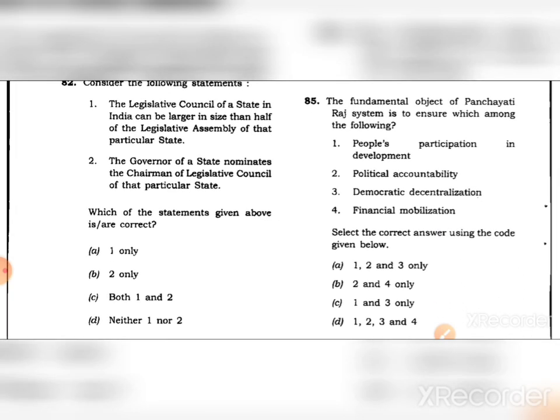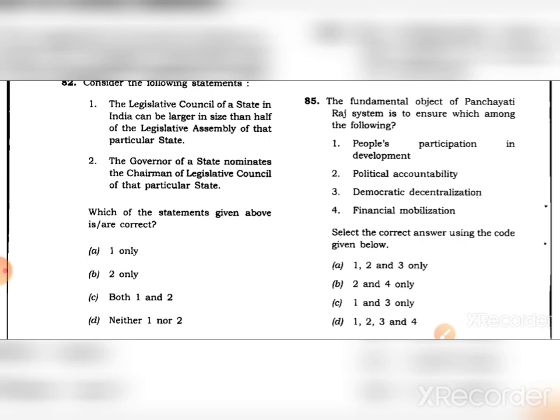The fundamental object of a Panchayati Raj system is to ensure which among the following? Point 1, people's participation in development. Point 2, political accountability. Point 3, democratic decentralization. Point 4, financial mobilization. Over here again, we can use the elimination method.